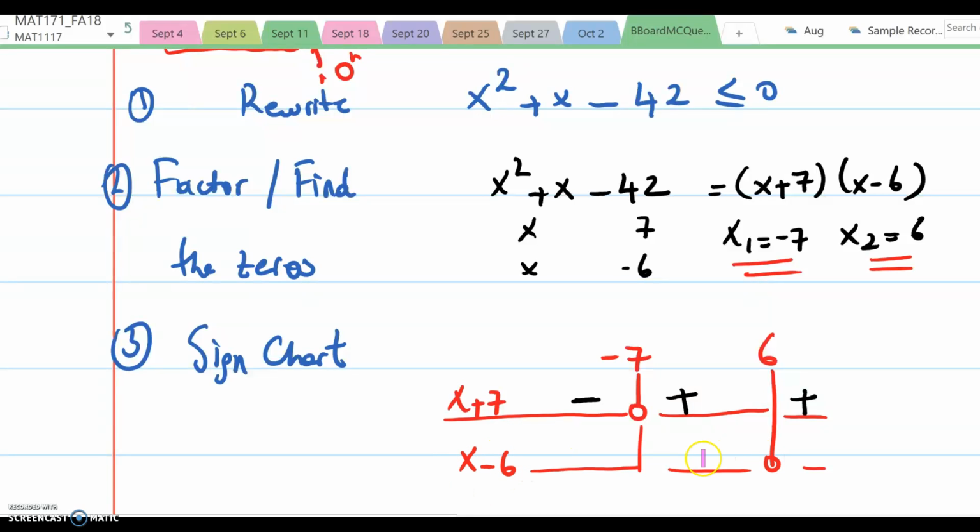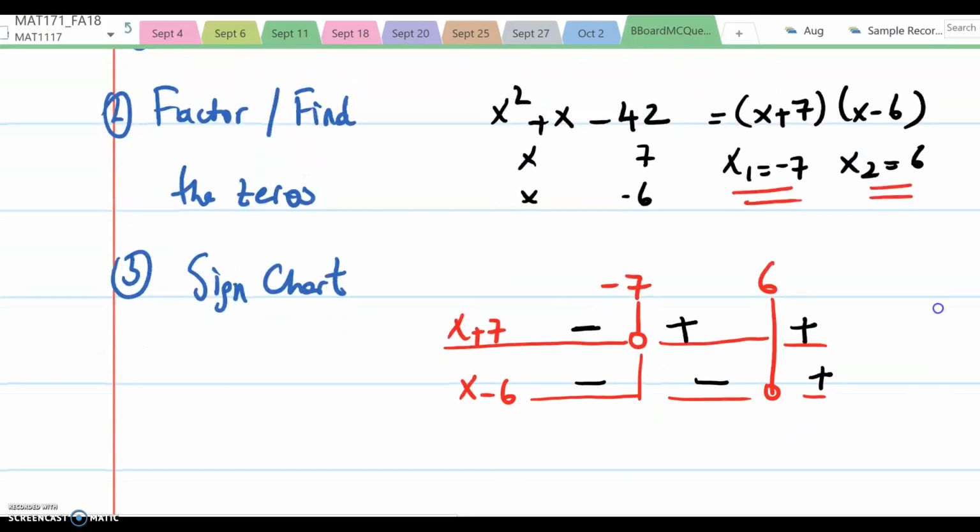If I give numbers less than 6, like 5, 4, 3, 0, negative 1, this will be negative, and it will continue negative because there are no roots for x - 6 here, and it will be the opposite there. Now, I'm multiplying them because it's a multiplication of these two factors giving me this quadratic. So negative times negative is positive. Positive times negative is negative. Positive times positive is positive.